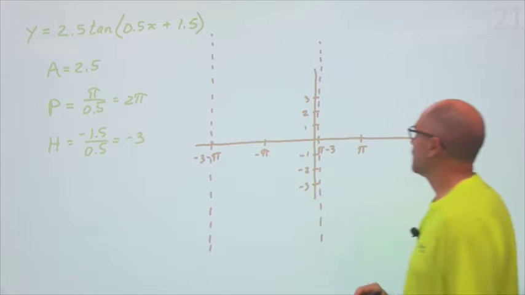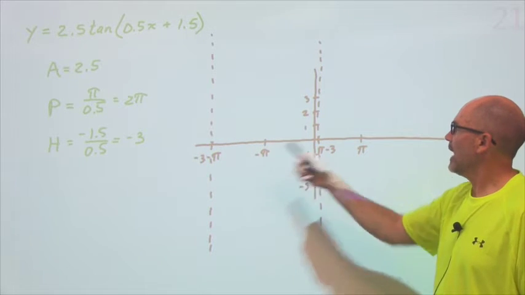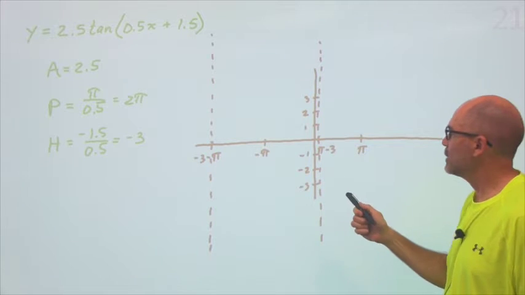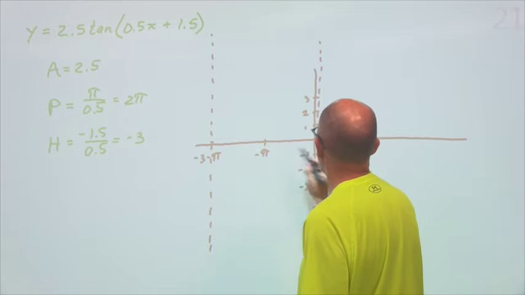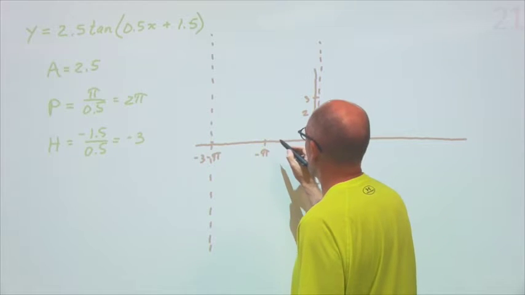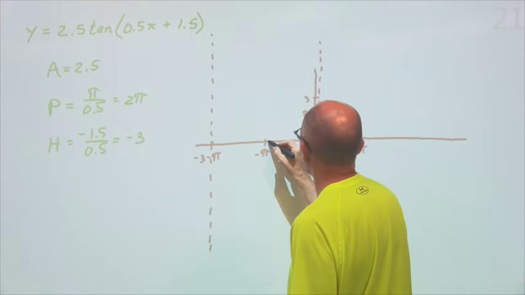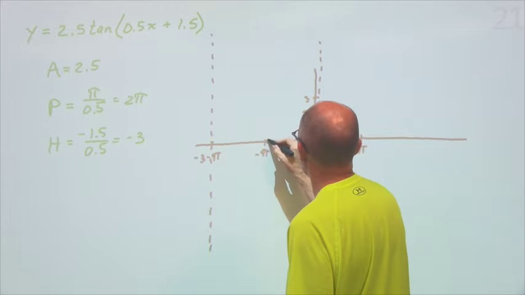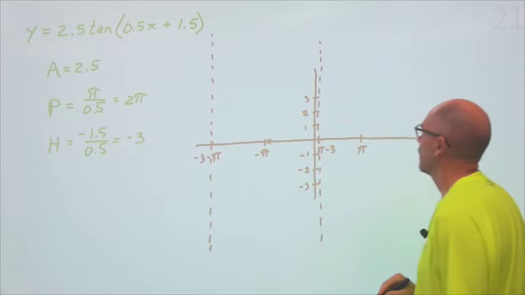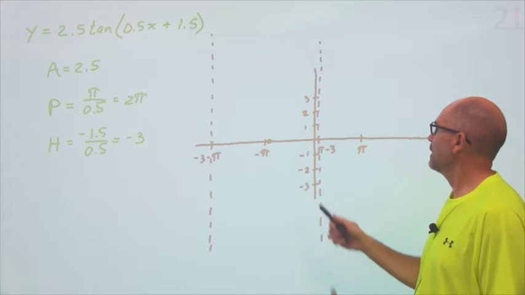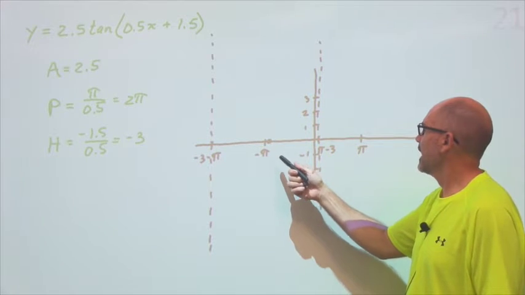So I have my two asymptotes, and I know my tangent curve is right in the center of the period. So it's going to be just slightly to the right of my negative pi.